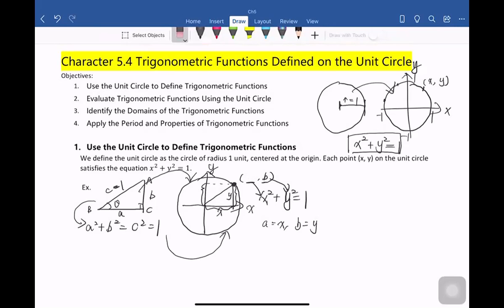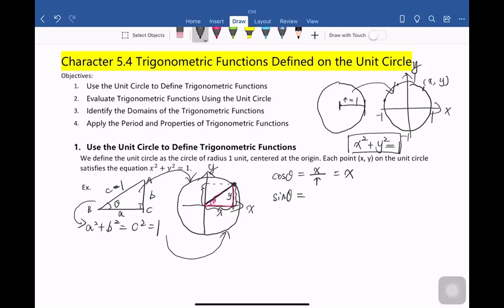Let's see here, in this right triangle, with theta here. What is cosine theta? Cosine theta equals adjacent over hypotenuse. Adjacent is x, hypotenuse is r, the radius, which is 1, so that's x. What is sine theta?